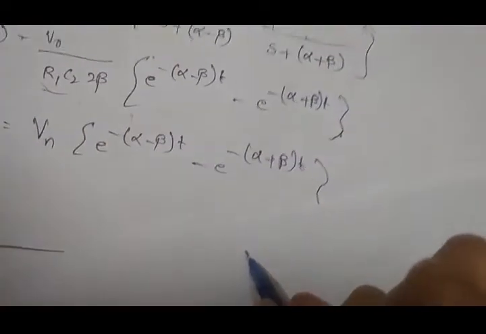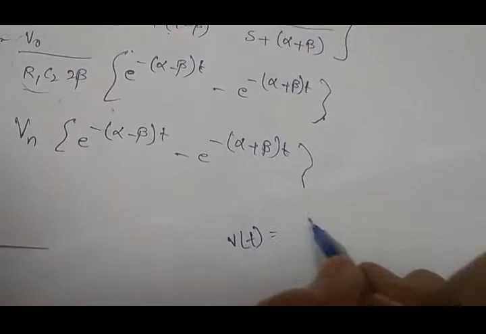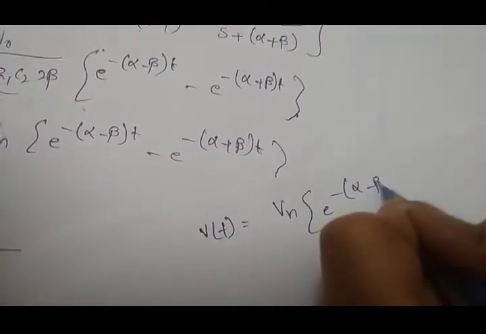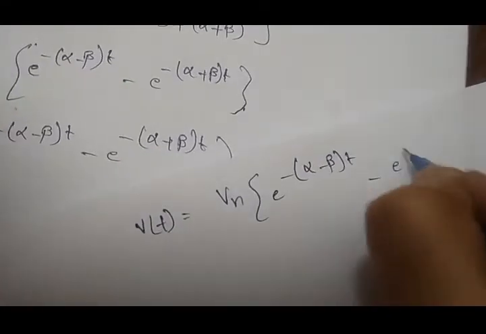Okay, so keep this equation. V of t equals Vm of e power minus alpha minus beta t minus e power minus alpha plus beta into t. Okay, so up to here if you're clear, it is very easy for the rest of the discussions.